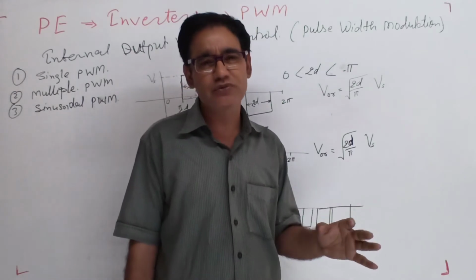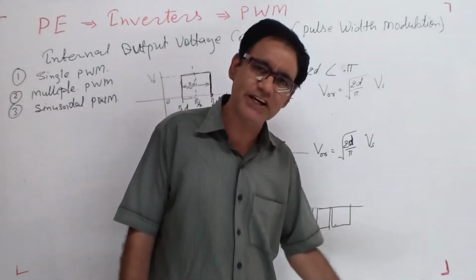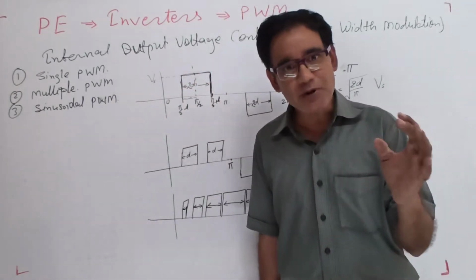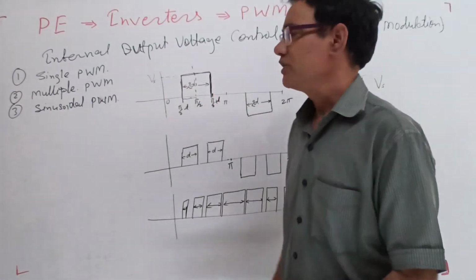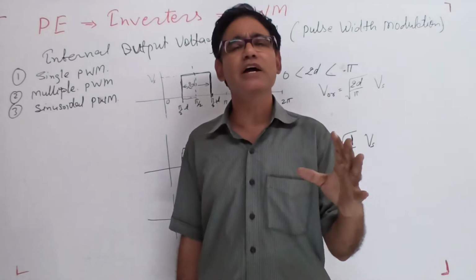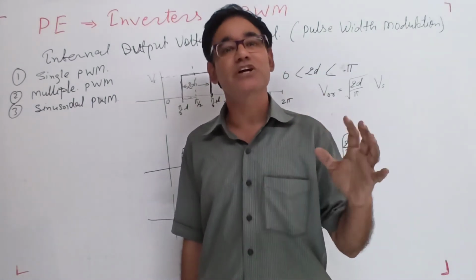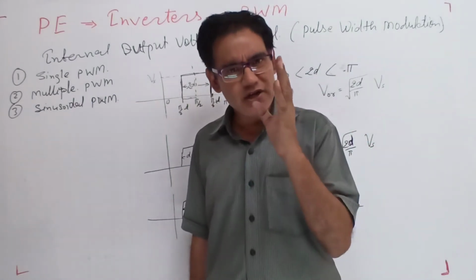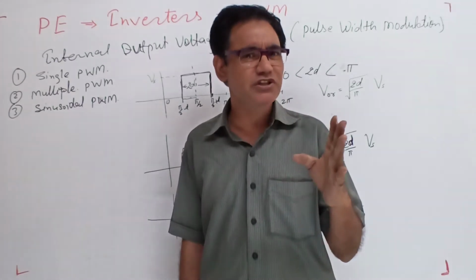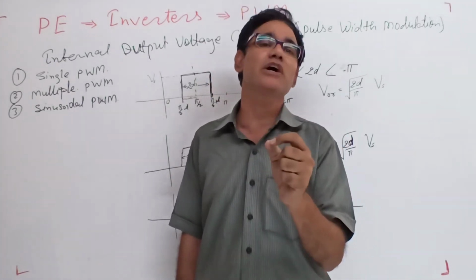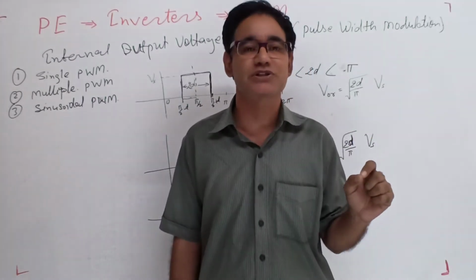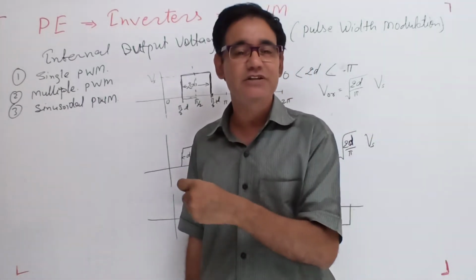This is achievable at low frequency and low power applications. In very high power applications, this is very difficult to achieve, and very high-rated commutating circuits are required. In different pulse width modulation schemes, we can easily control particular lower order harmonics, which we will discuss later.